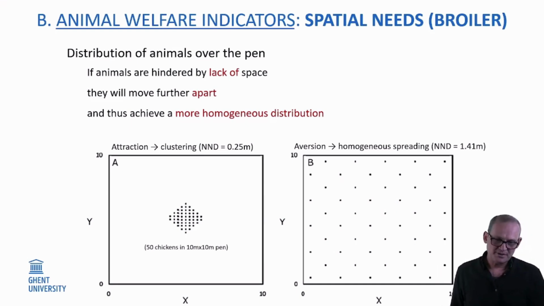And maybe the point where the distribution of the animals changes from heterogeneous or clustered to homogeneous is a strong indicator that this is the point where our stocking density is far too high.